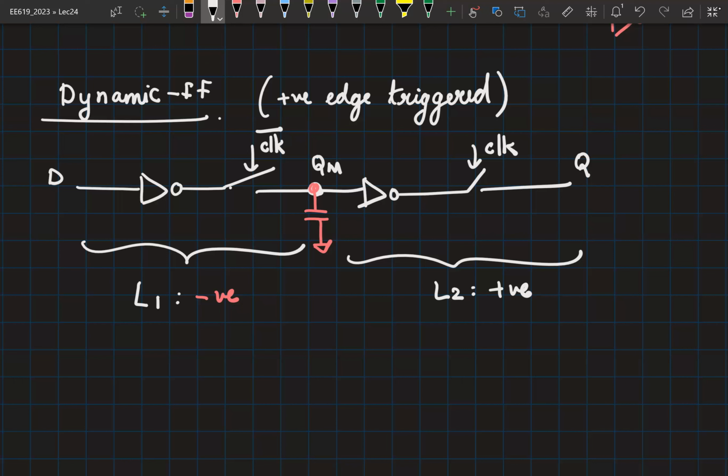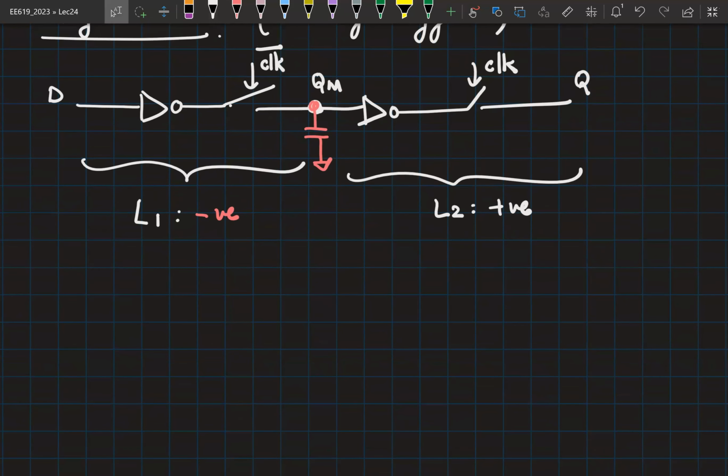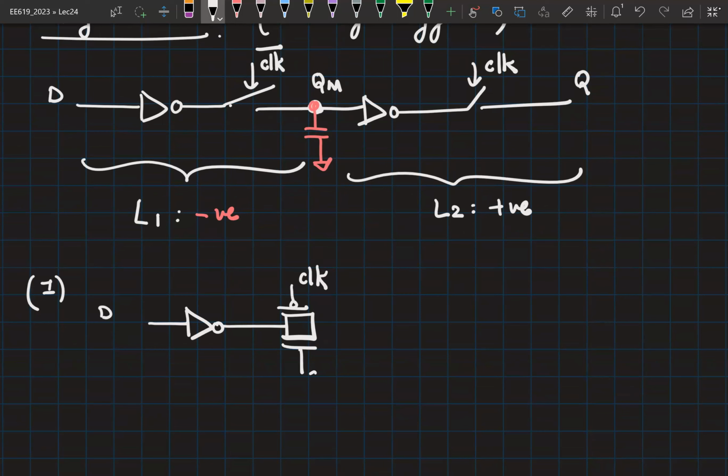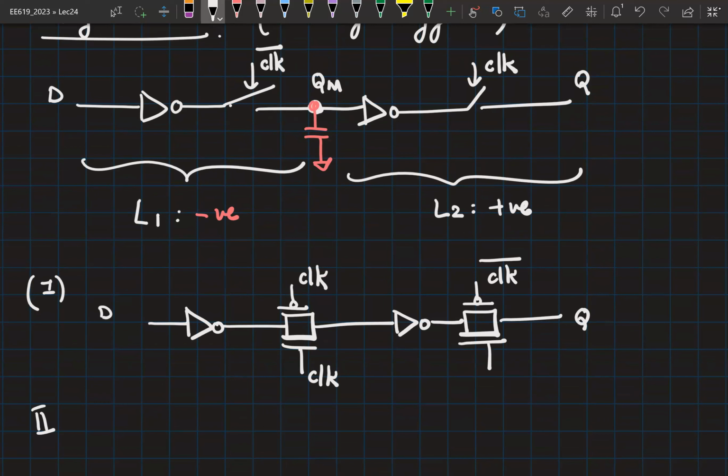Okay. Now, of course, this was the ideal implementation. Now I can implement this using a transmission gate. Or I can implement this using the tri-state inverters.